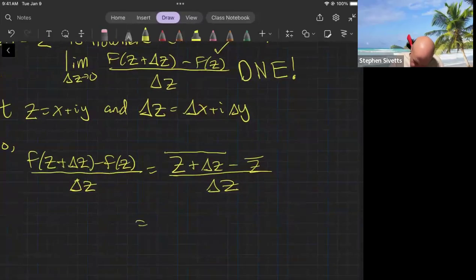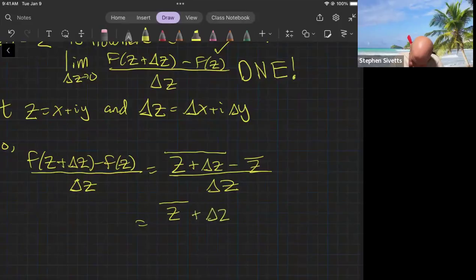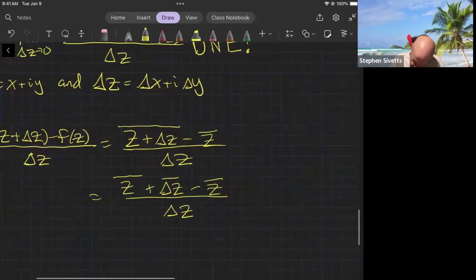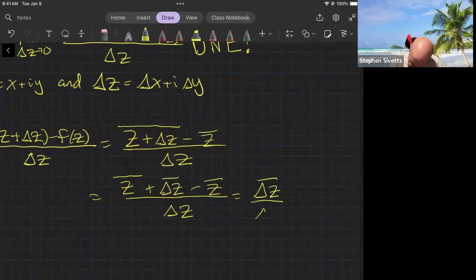And so by the addition of conjugates, this is the same as z conjugate plus delta z conjugate minus z conjugate, divided by delta z. And so we would arrive at this quantity here: delta z conjugate divided by delta z.